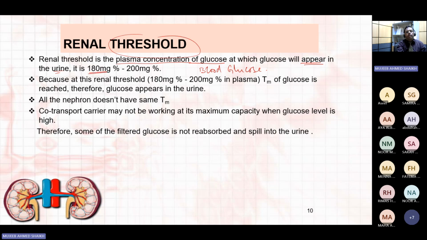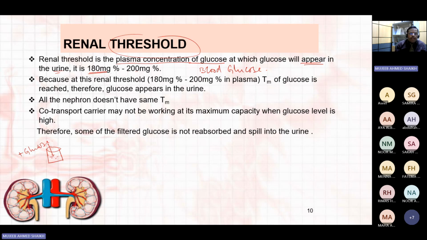If you test my urine with a dipstick, it will be positive for glucose. Why? Because at this level, it will start to appear in the urine. This is called the renal threshold for glucose. So it is the plasma concentration of glucose after which the urine will show glucose in it.